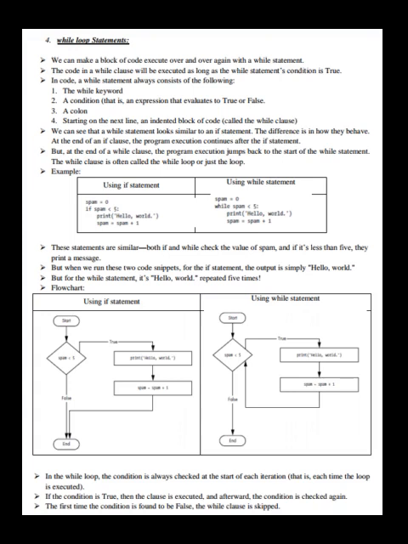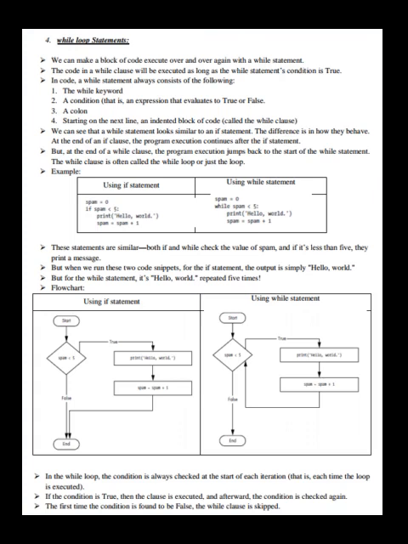At the end of an if clause, the program execution continues after the if statement, but at the end of the while clause, the program execution jumps back to the start of the while statement. The while clause is often called the while loop or just the loop. See the example here. These statements are similar.